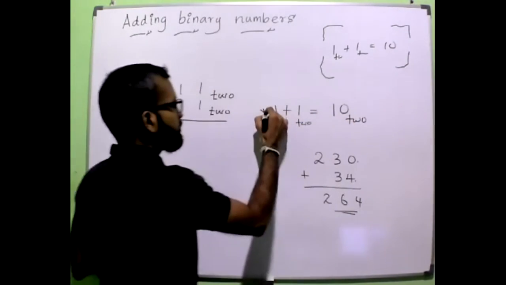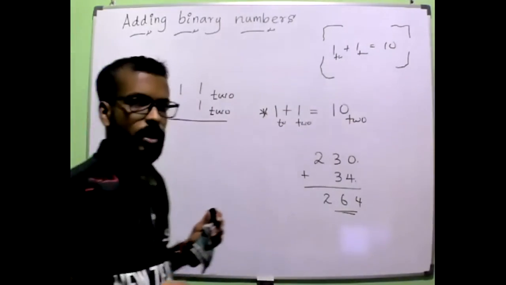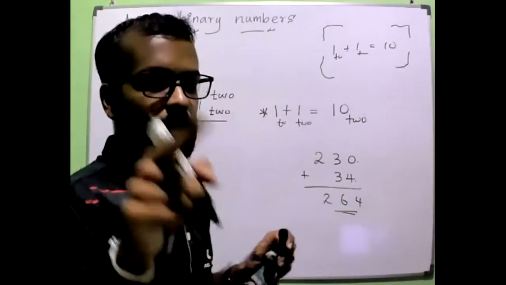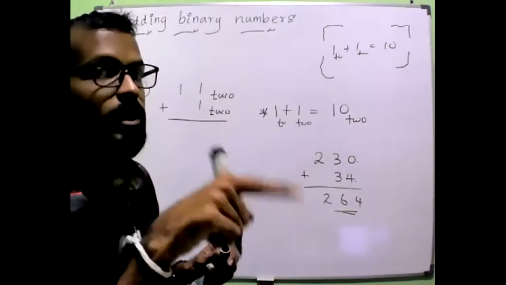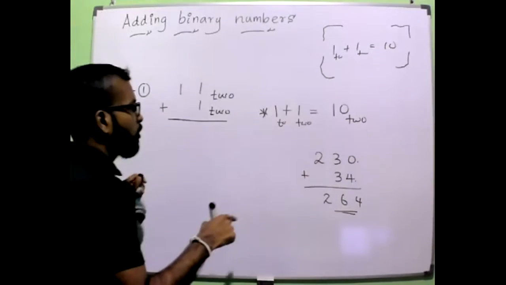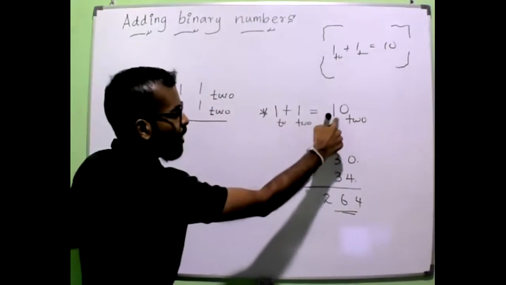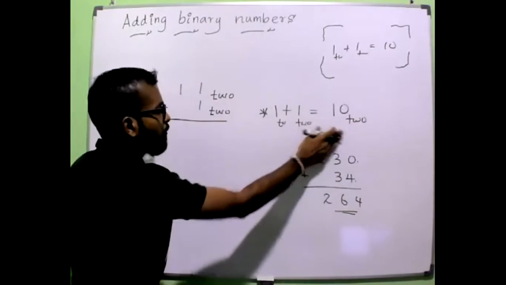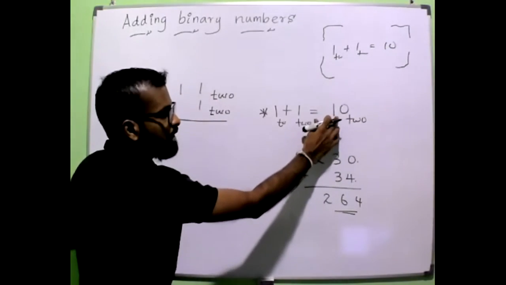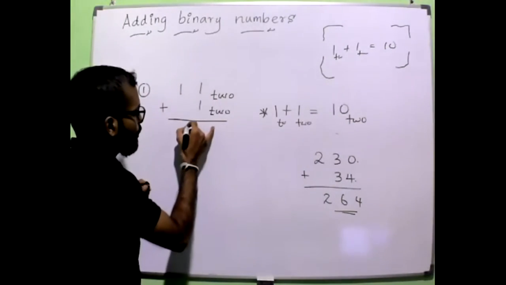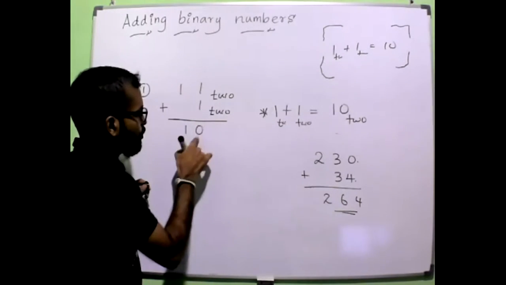I have given this earlier. I think you can remember. Look at the highlighted square or rectangle: 1 plus 1 is 10. Now I have 2 digits, right? 10 is 2 digits.